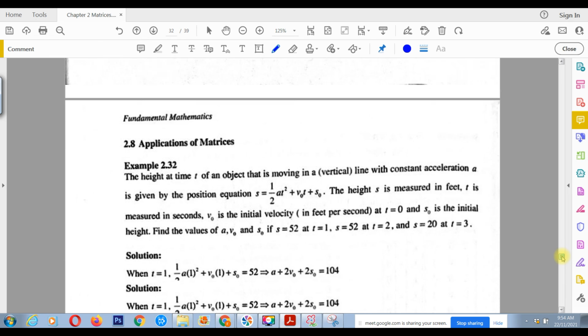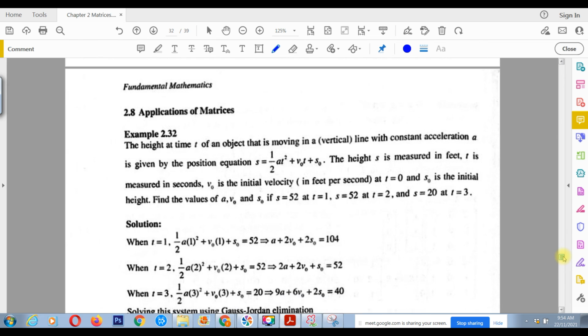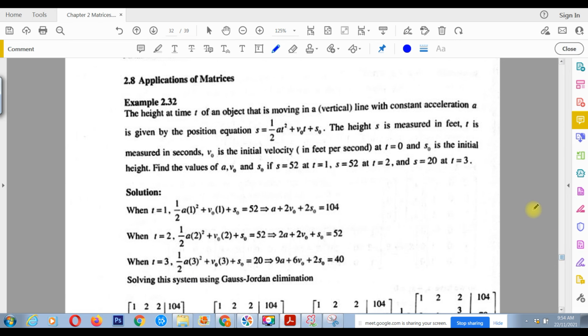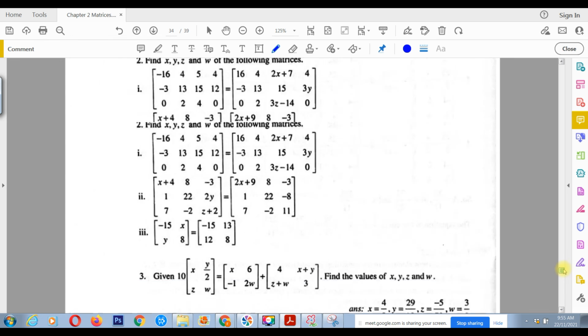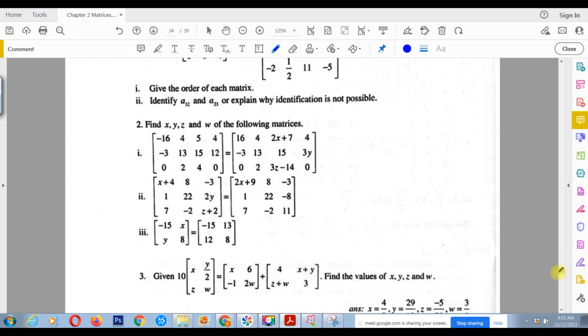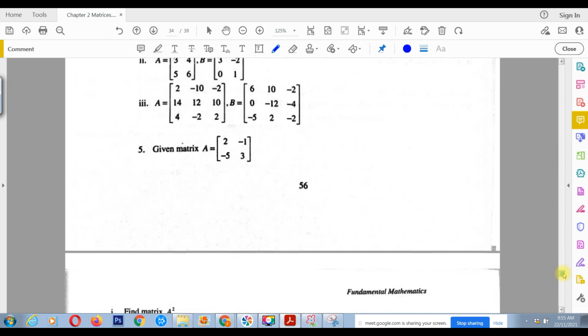Then there is the application of matrices, where we use matrices in our life. You can read here. This Wednesday we will discuss the tutorial, everything on the tutorial, or anything you want to ask.